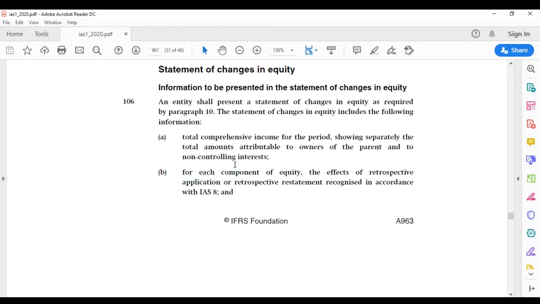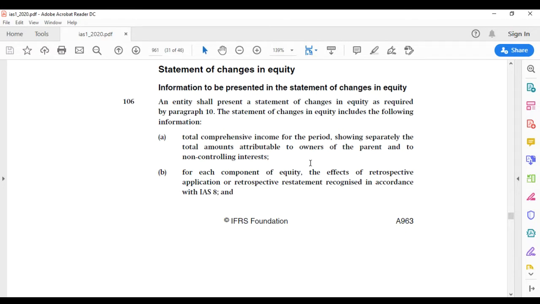But just for the sake of completeness, paragraph 106, they say an entity shall present a statement of changes in equity. And what will it consist of? It will consist of total comprehensive income for the period, showing separately the total amounts attributable to owners of the parent. Don't worry about that.